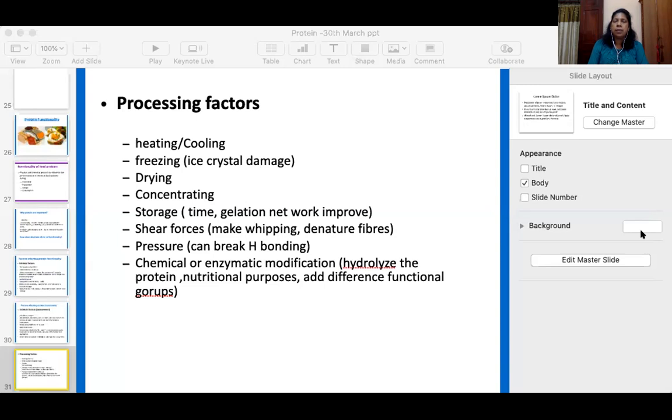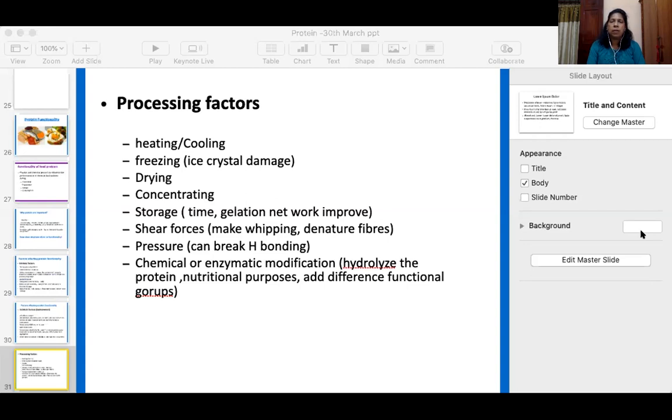We remove the cream part, the lipid part, from the milk. Once we remove that portion from the milk, you can concentrate the rest of the protein together. So that is the concentration we can do. That is one example.